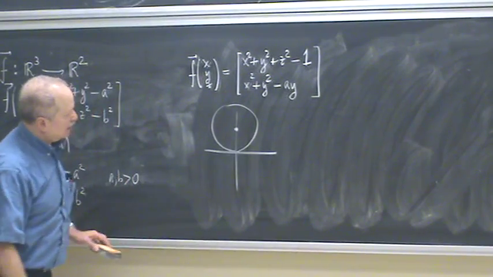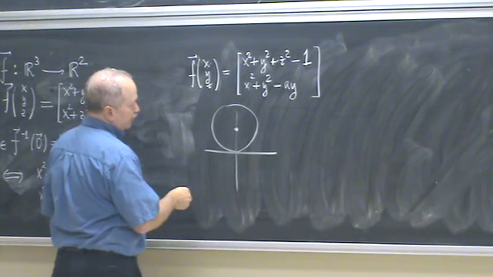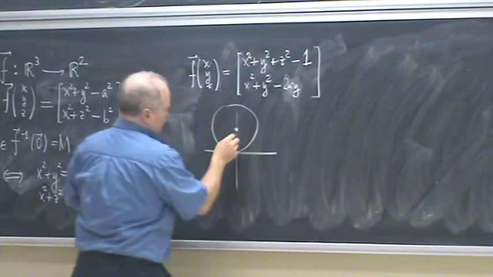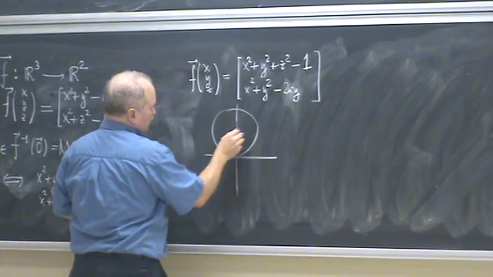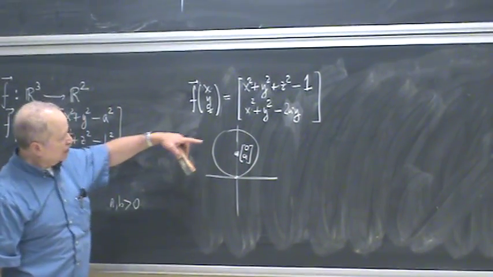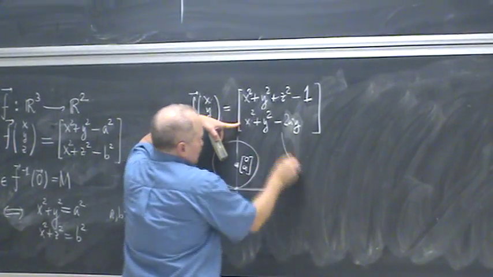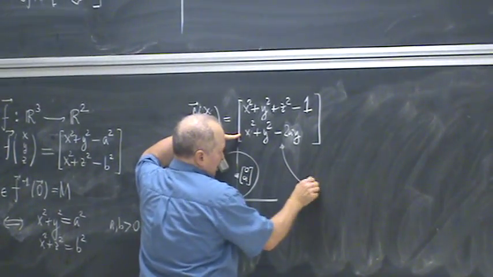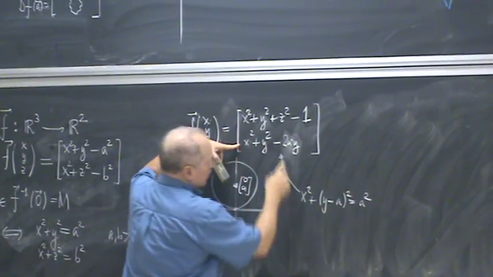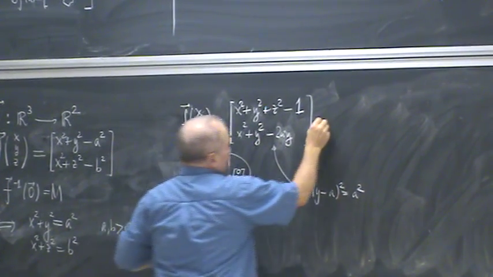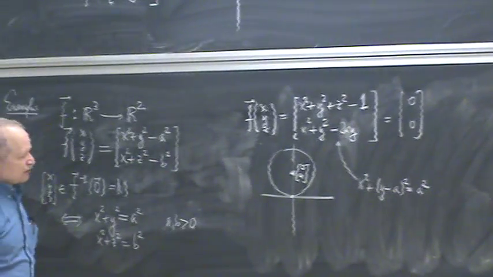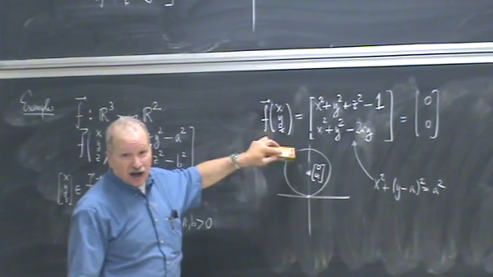Do you see that? Actually, I'll put a 2 there just to make life better. So this circle is centered at (0, a), and it passes through the origin. So you can see that this circle, if you complete the square, is x squared plus (y minus a) squared equals a squared. And you set this equal to 0. So that's a circle centered at (0, a) of radius a.